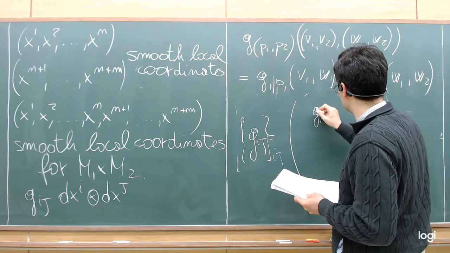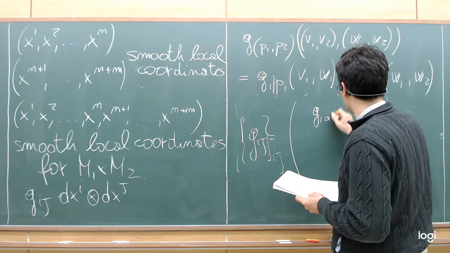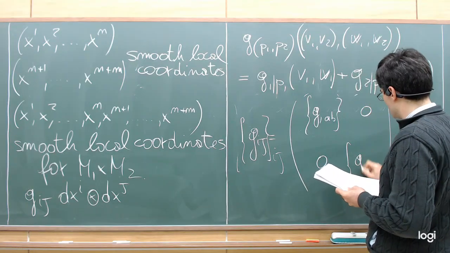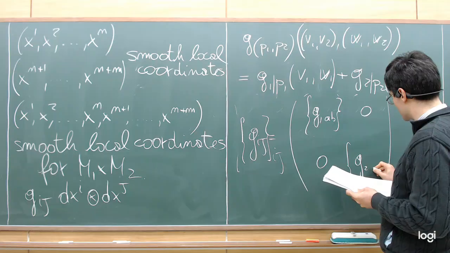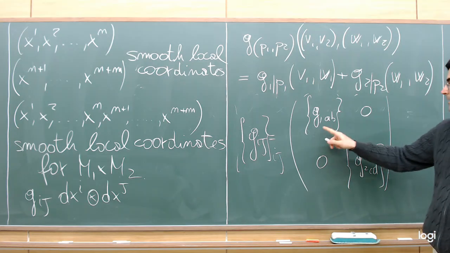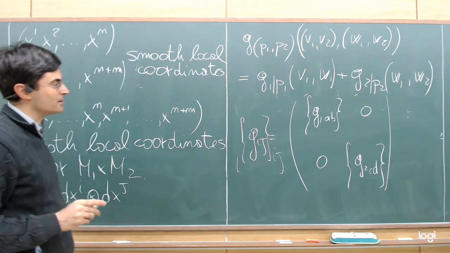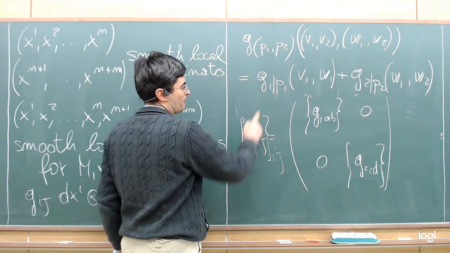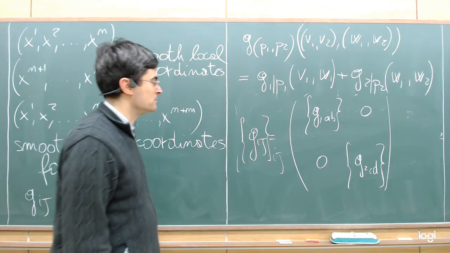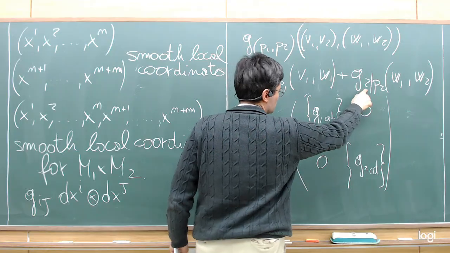G1 AB, 0, 0, G2 CD, where G1 AB is the matrix representing the metric G1, and G2 CD represents the matrix giving the local representation of the metric G2.